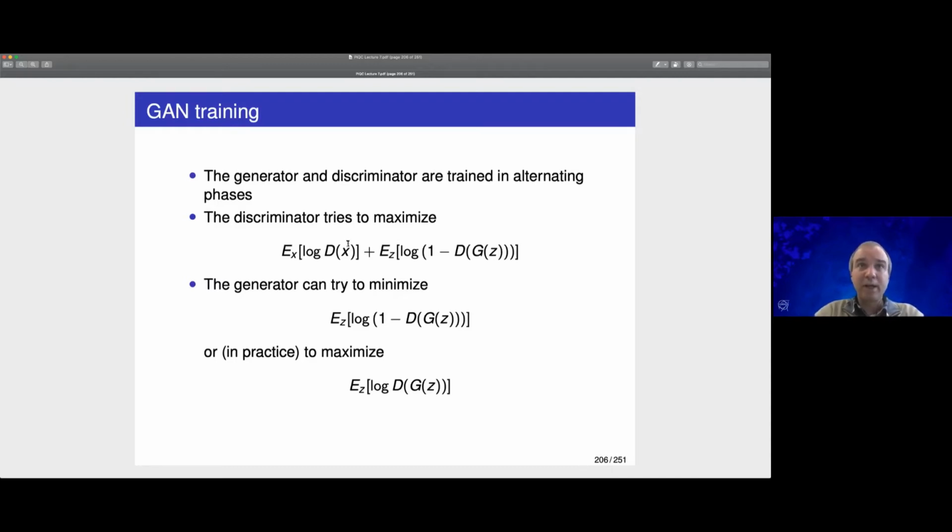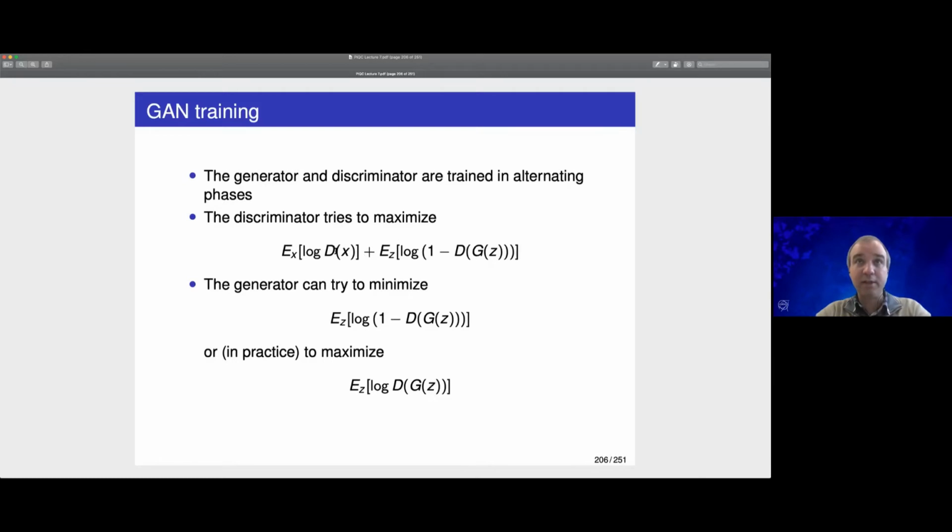So we compute the average over all possible real data of the labels that the discriminator outputs, and also this other part of the function, in which we try to maximize the probability of the discriminator outputting the label fake for the data that comes from the generator.